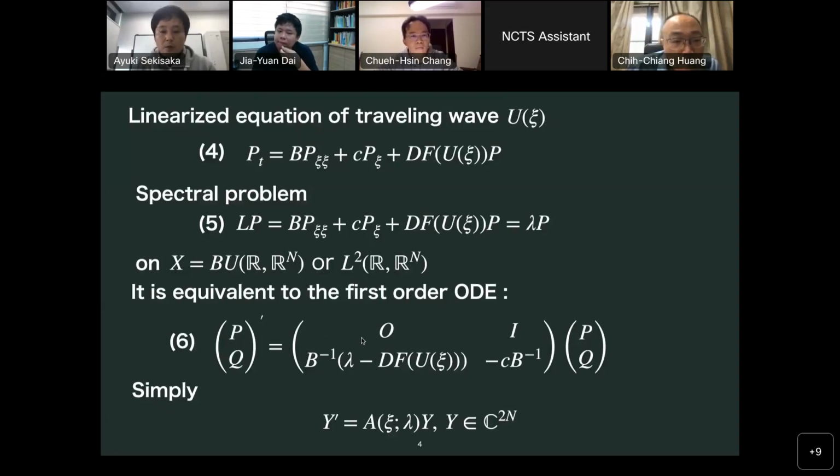This is also a first order ordinary differential equation, a vector field on the 2n dimensional complex vector space C^2n.